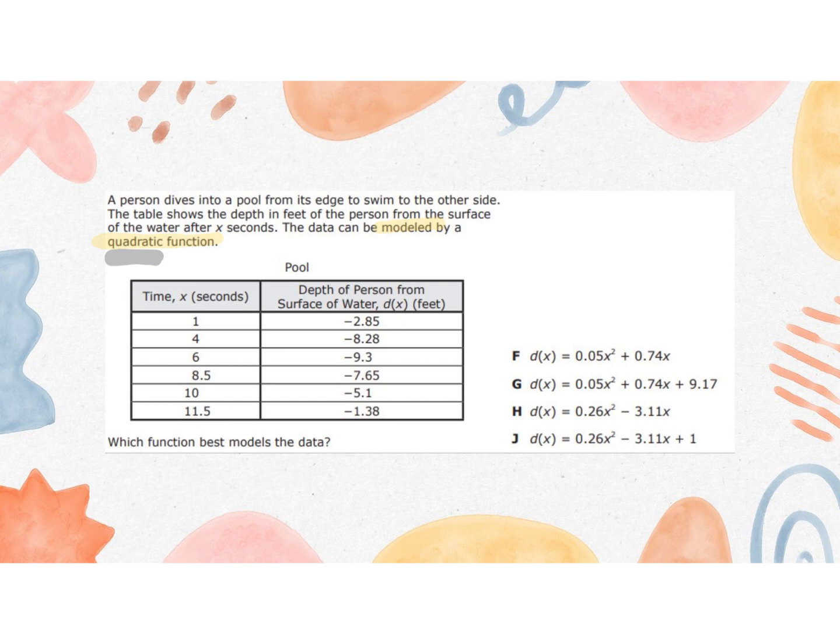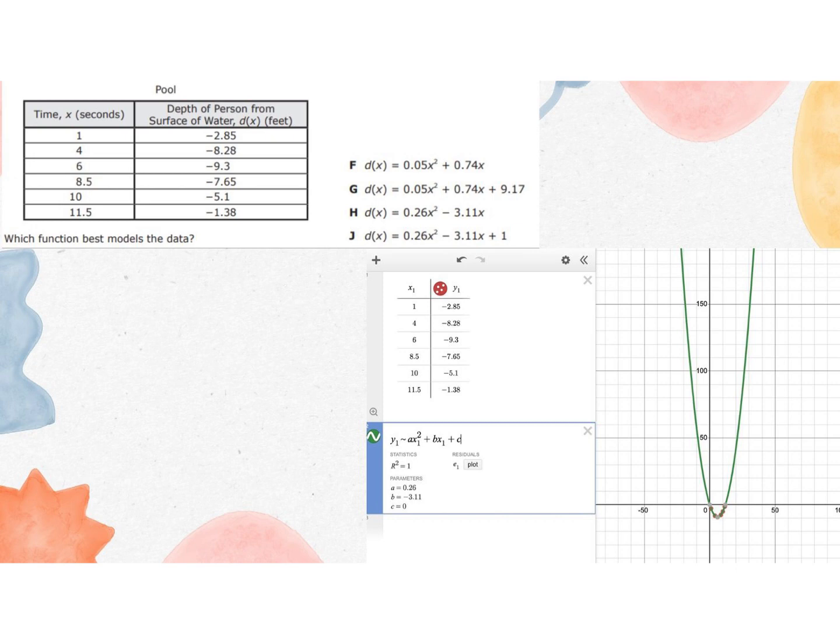So I'm going to open up my Desmos and plug this entire table into my Desmos calculator. Now, when I do so, under the next line, I'm going to have Desmos create this line of best fit.